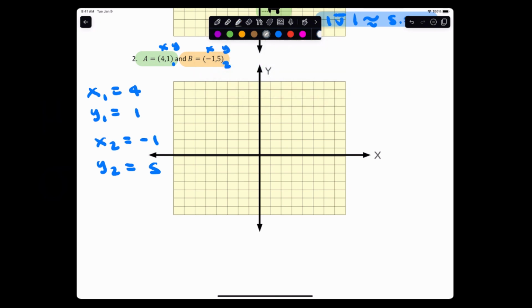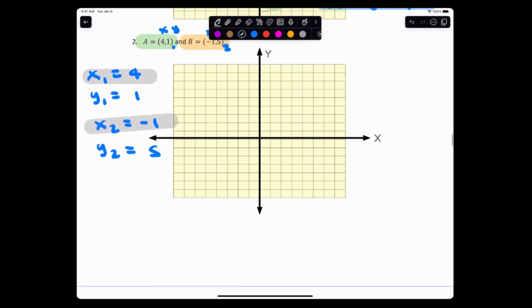All right, you guys okay with that? So now you've got x2 minus x1. Let's get vector v here. Maybe we'll put vector v down here. So we get -1 minus 4, and then you get the other value here, 5 minus 1.